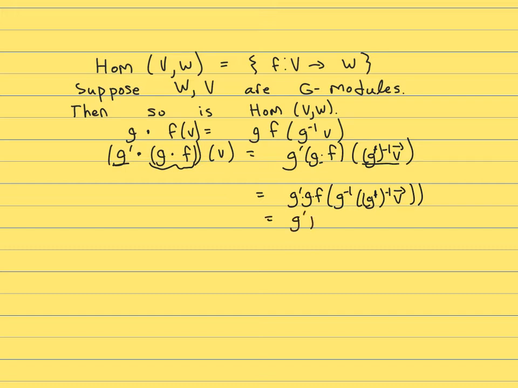The g's go together. The products on the outside can go together. And the inverses go together in the reverse order. And voila, we get g'g acting on f of v.